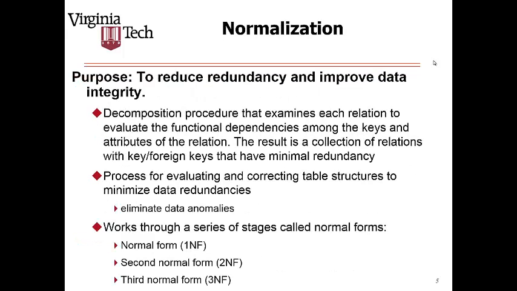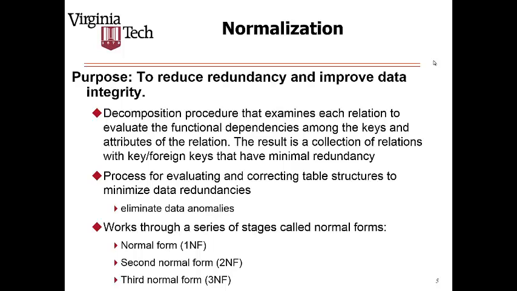It's a process of finding attributes that are not fully functionally dependent upon the key, the entire key, and nothing but the key, and then removing those attributes from the table where we find this violation of functional dependency rules.